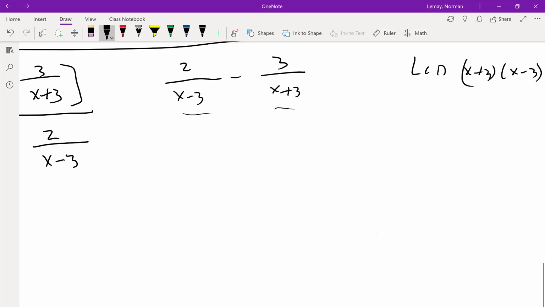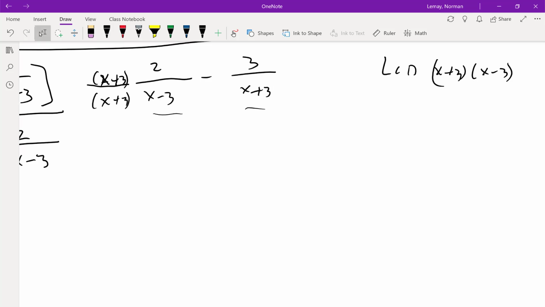And if we can agree with that, then we have to multiply this bottom by x plus 3. So we multiply the top by x plus 3. And then over here, we have to multiply the bottom and the top both by x minus 3.